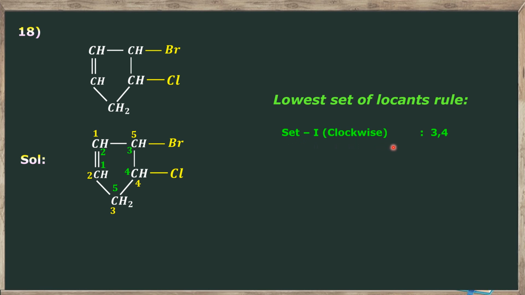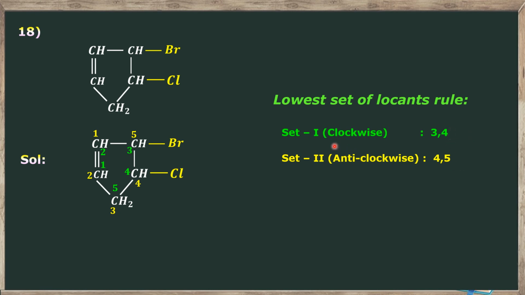Set 1, clockwise locants are, see here, 3, 4. Third and fourth carbon atoms are bearing the substituents. Set 2, locants starting from here anti-clockwise direction. Numbering has been done, so fourth and fifth carbon atoms are bearing the substituents. Now we have to compare these two sets of locants term by term. So here I am comparing the first terms, 3 is less than 4. That means at the first point of difference, 3 is less than 4. Then you need not compare the remaining terms.